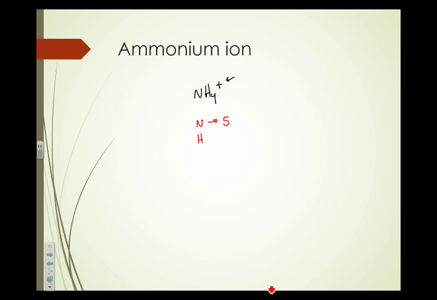And hydrogen gives me 1, but there's 4 of them, so that gives me 4. This plus means I have to take away an electron. So right now I have 9 electrons, but because of this plus, I have to subtract 1. So I only have 8 electrons to work with on this molecule.